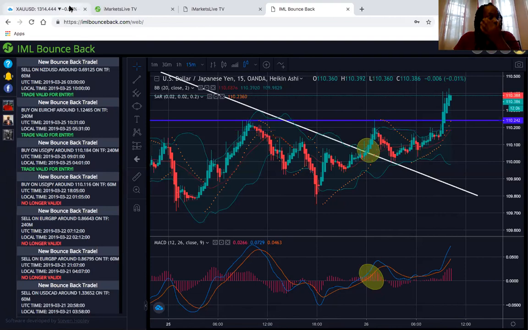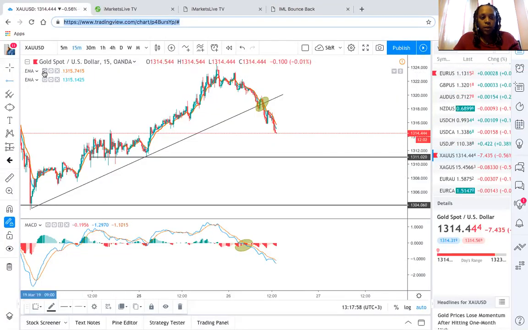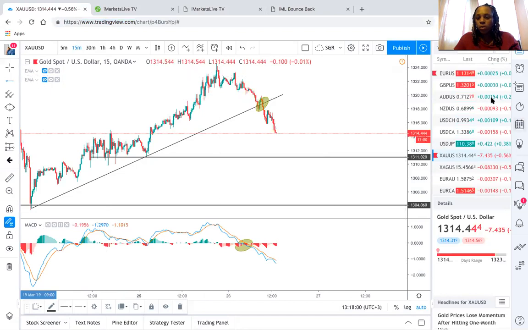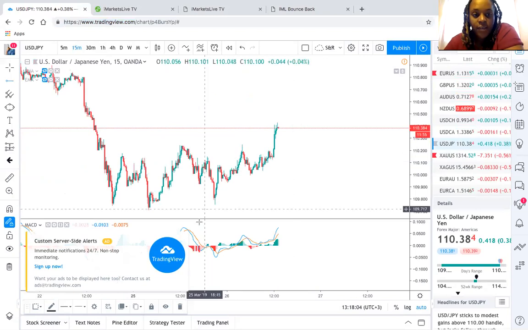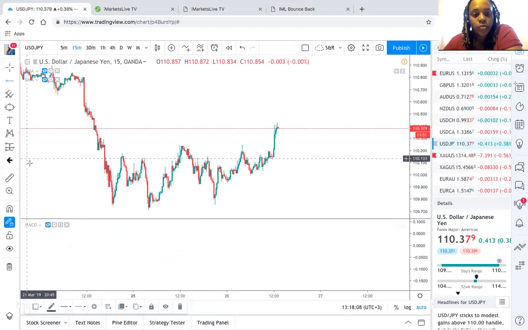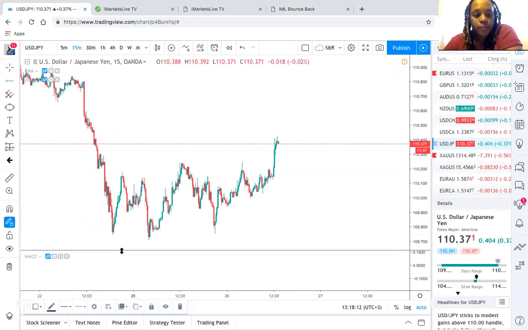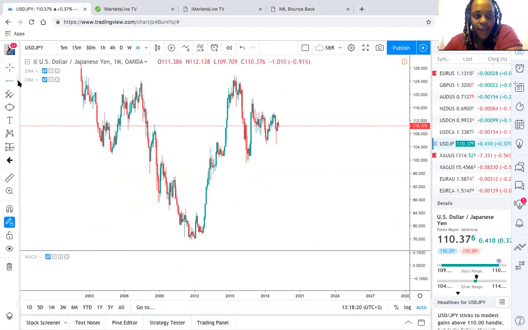So let's go to USD JPY over here on my chart, right? We want to understand what's happening with the trade, if it is a long-term uptrend, or if it's a case that we are just retesting.